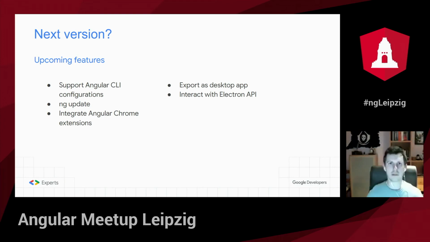Our biggest feature that we want to roll out is to export your Angular application as a single executable file, because the window that you see now is just a preview. It runs in development mode. Currently, you can't take your application in desktop and go away. So we want our users to be able to export it as an executable file.